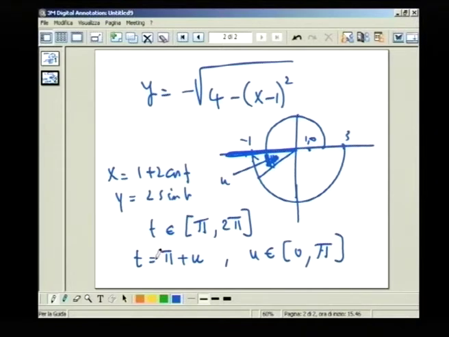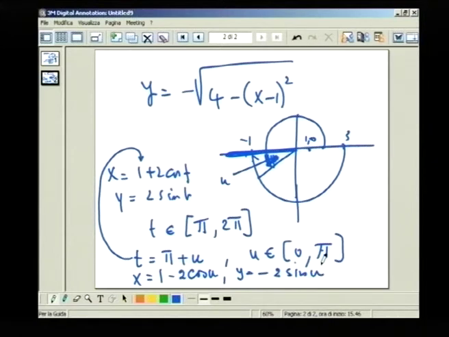And in which case, if you substitute t in these two equations, what do you get? You get x equal to 1 plus 2 cosine of pi plus u, which is equal to 1 minus 2 cosine u, whereas y is equal to 2 sine of pi plus u, which is equal to minus 2 sine u.